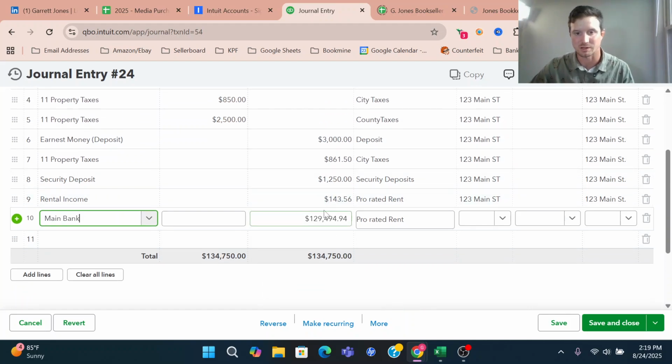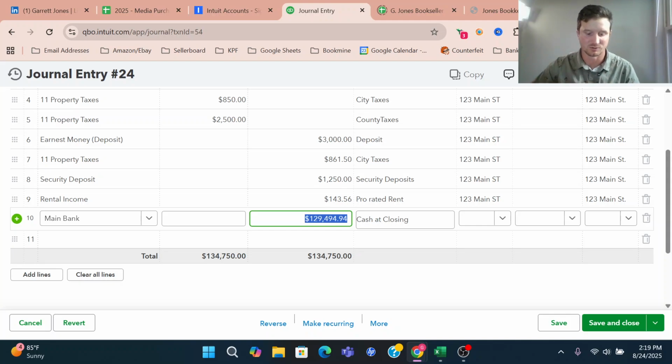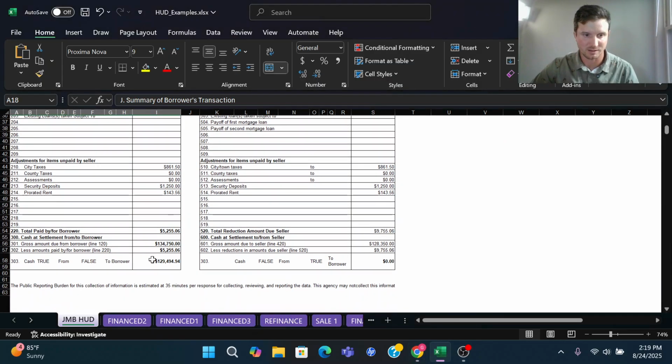QuickBooks will auto-populate exactly what you need, and you'll put down cash at closing. This is what you have to bring to the table in order to finish the closing, to finish the deal. And you can see that number right there. So this is what you're going to be bringing to the table.